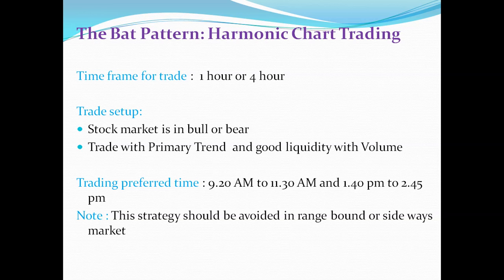You can use a trend line, and you must trade only in Nifty 50 stocks as per the Indian market, or mid cap stocks which have good liquidity. You can use the stock selection criteria which I already told you.